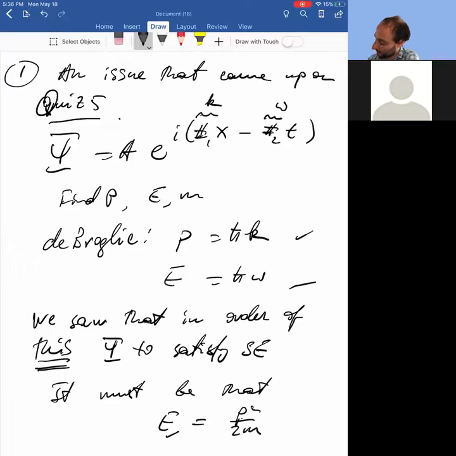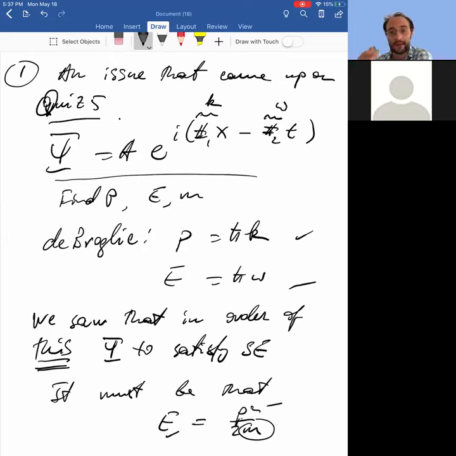So now if you know E, you know P, plug and chug, you find M. Okay? This is the right way to do it, and about half of you did exactly that. That's great. I want to remind you that this wave function is a solution to the free particle Schrödinger's equation.